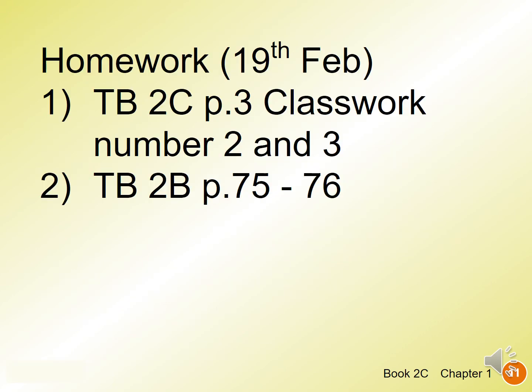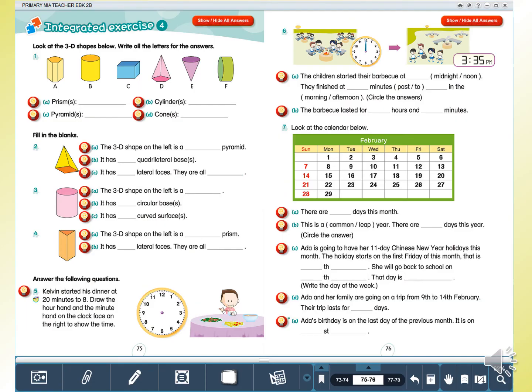Homework for today will be textbook 2C page 3 classwork number 2 and 3. And also you have to refer back to your previous textbook, textbook 2B page 75 to 76, which is the integrated exercise 4.